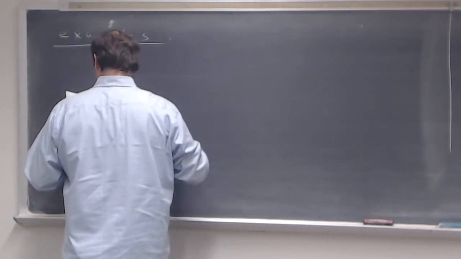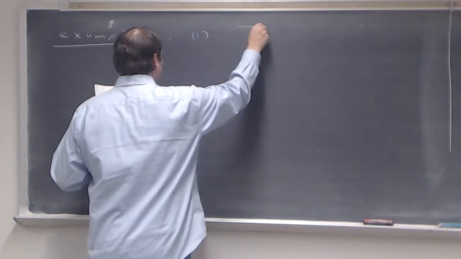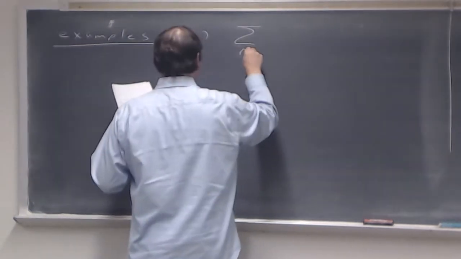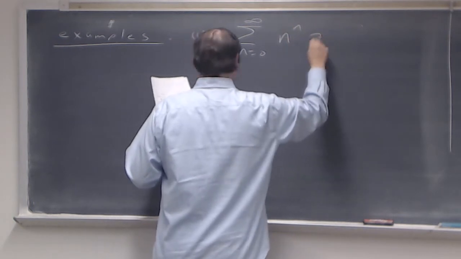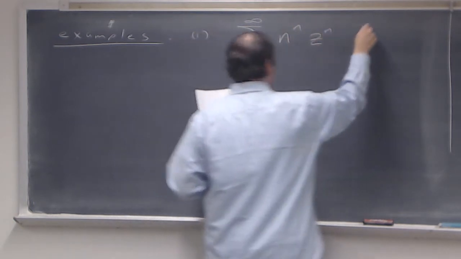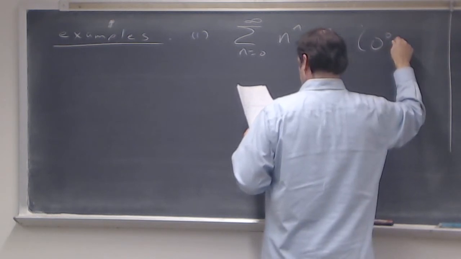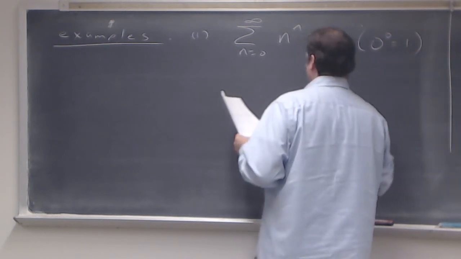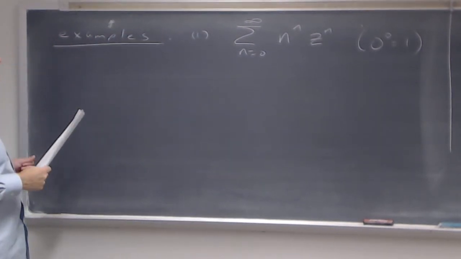the radius of convergence. So here, my first example will be if we look at the series as n runs from 0 to infinity of n to the n, z to the n, where we're thinking of 0 to the 0 as being equal to 1 in this particular case.